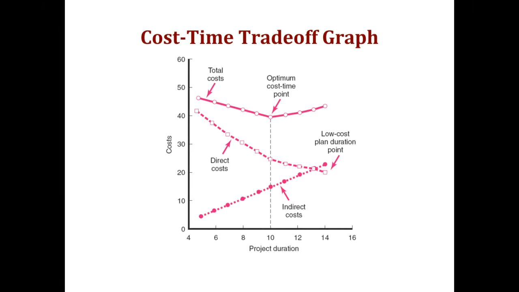In this particular example, this graph is indicating a rising indirect cost as your project duration increases, this is indicating the direct cost curve, and this is the total cost time curve, and this point, which is 10 weeks, is providing you with an optimum cost time point.